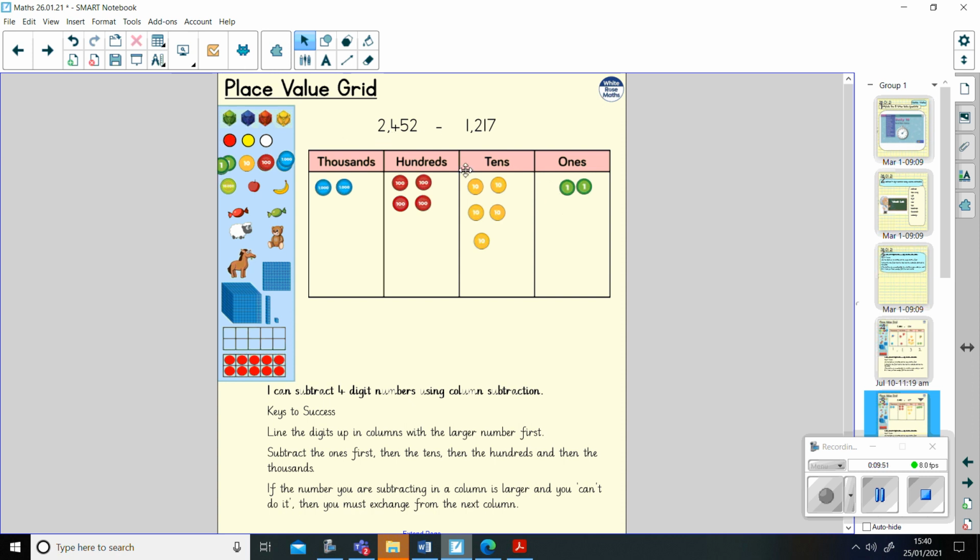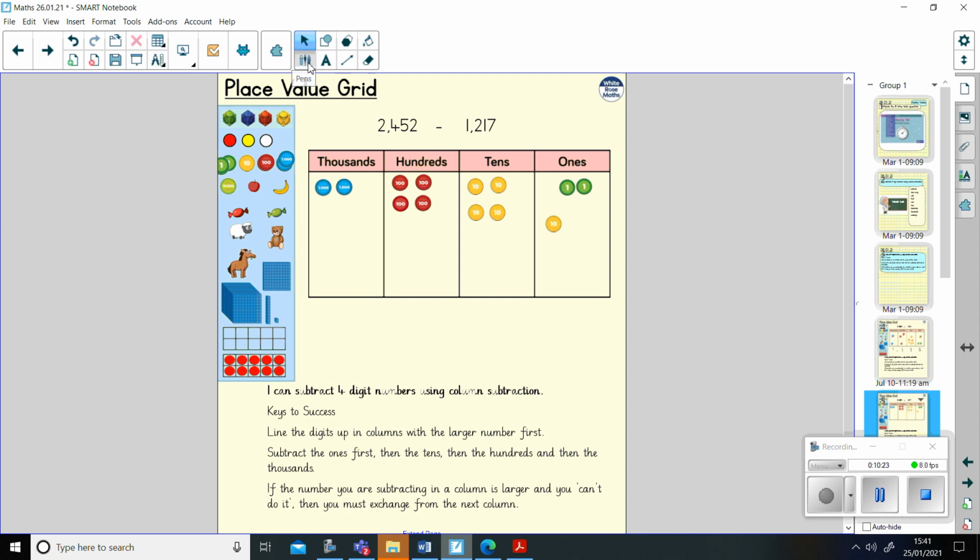So 2,452. And we've got to subtract 1,217. So I've got to start with my ones column. So I'm going to try and take 7 ones from here. Now I can't do that because I've only got 2 of them. So what I have to do is exchange one of these 10s and bring it into my ones column.